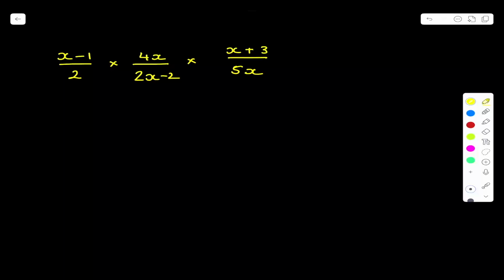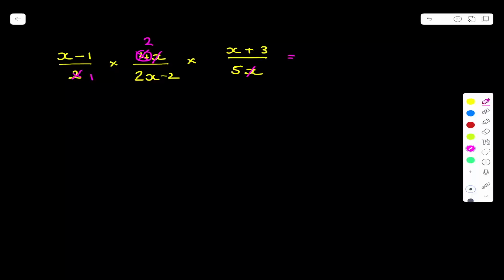So let's work through this together. Okay, let's try simplify whatever we can or cancel. So that x and that x can cancel, and 4 and 2 can cancel because 2 goes into both of them, so that becomes a 2 and that becomes a 1.